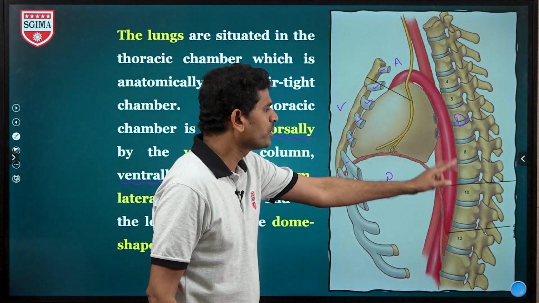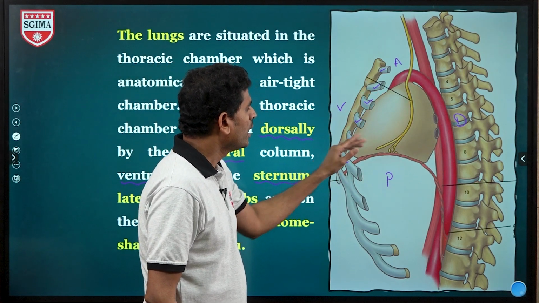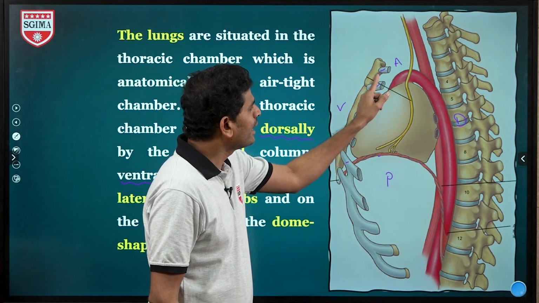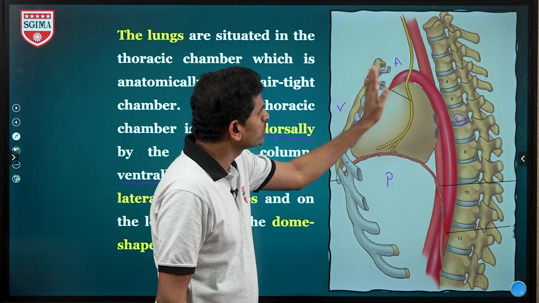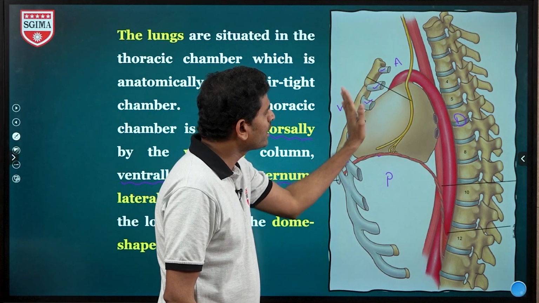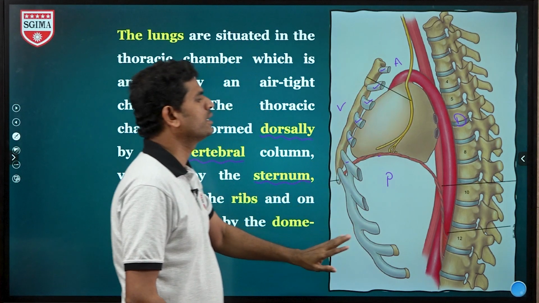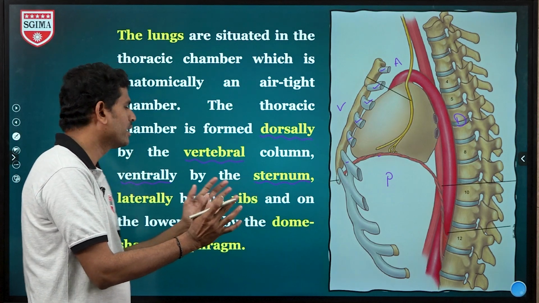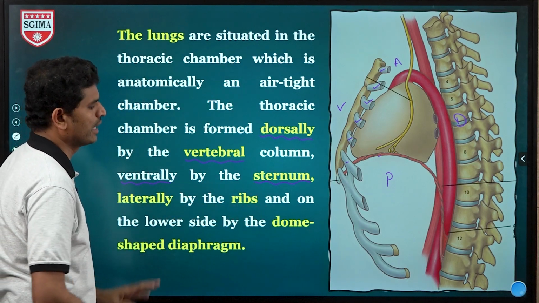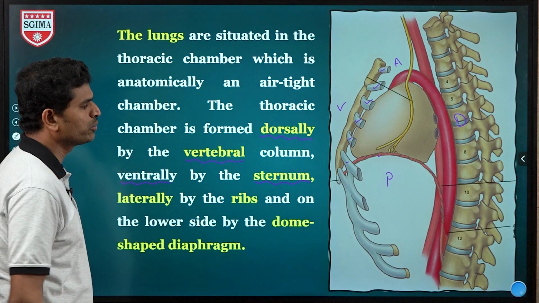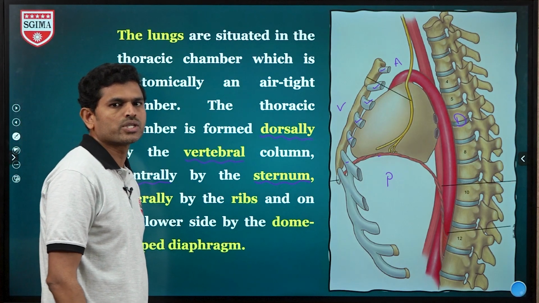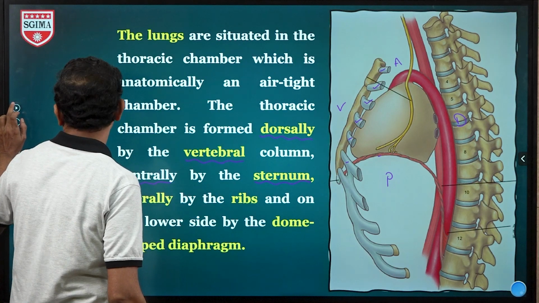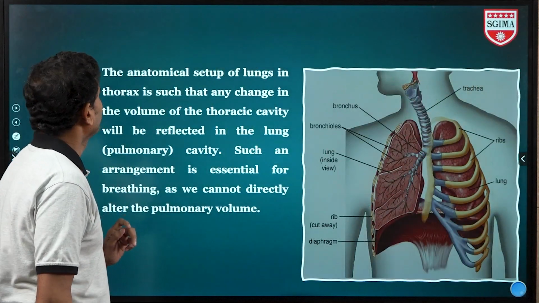Dorsally the vertebral column, ventrally the sternum, the posterior side is the diaphragm, and laterally the ribs are present. These all make the thoracic cavity an airtight container or chamber. This is compulsory to remember, because there is a chance of statements being given on it. Next slide.